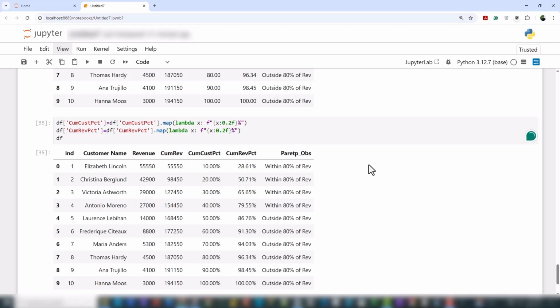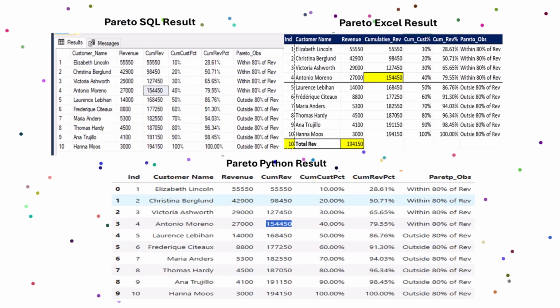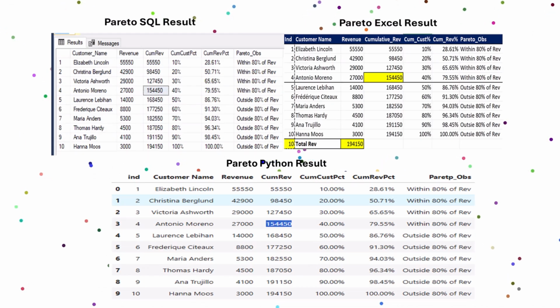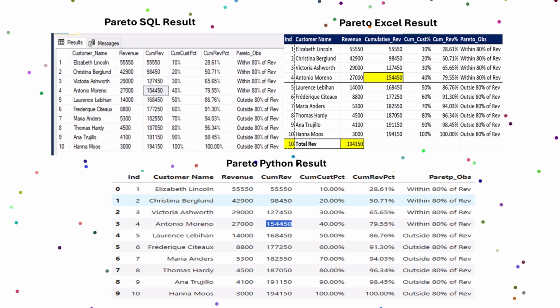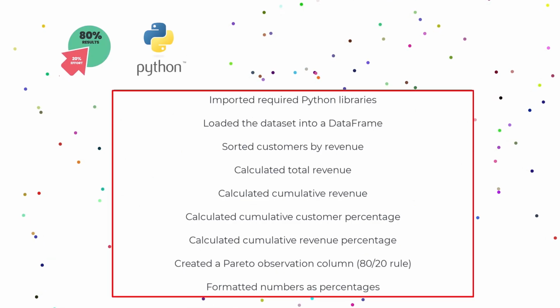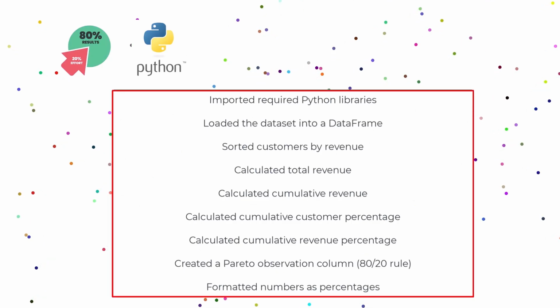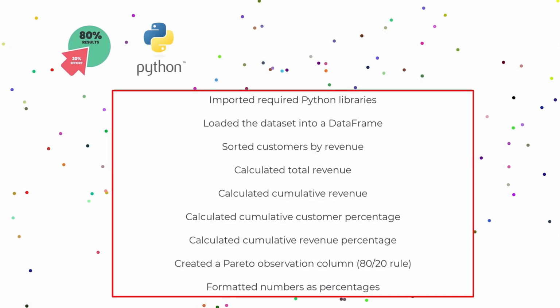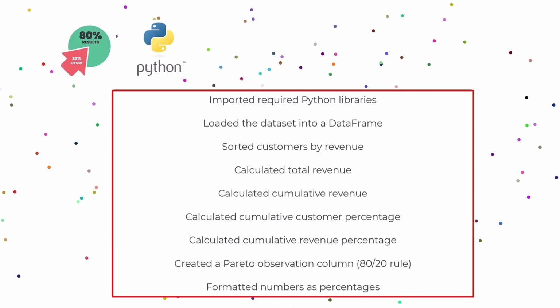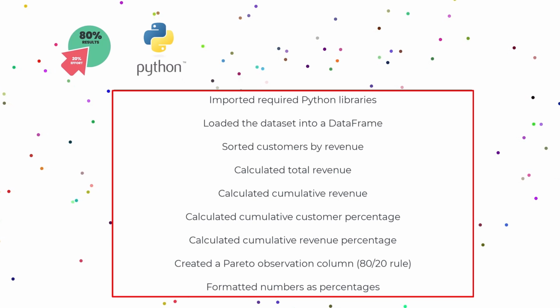Done. We have the same result, guys, and we have 4 customers. 40% of customers make up around 80% of revenue. So guys, we have reached the end of this video on Pareto analysis using Python. In this video we explain how to import library and load data, sort values, calculate total revenue, cumulative revenue, and calculate cumulative percentage.